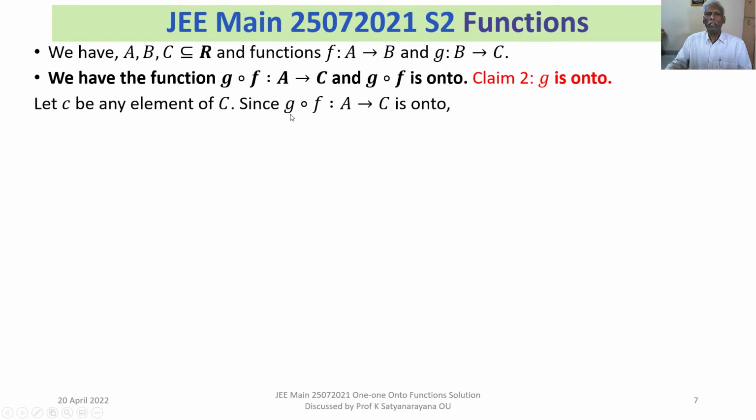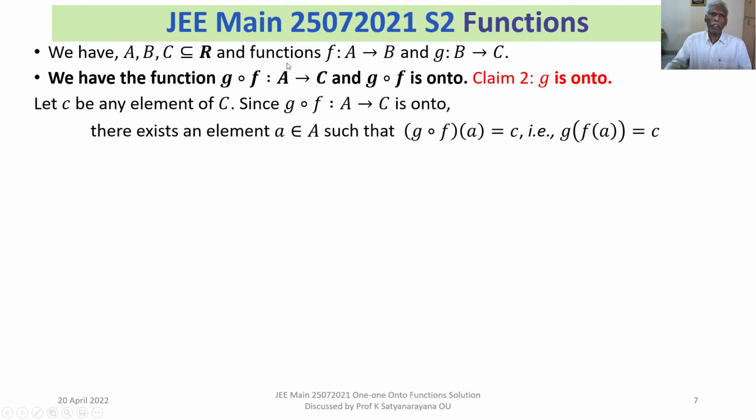So since g compose f, a mapping from A to C, is onto, there exists an element a in capital A such that g compose f of a is equal to c. That is, g of f of a is equal to c.